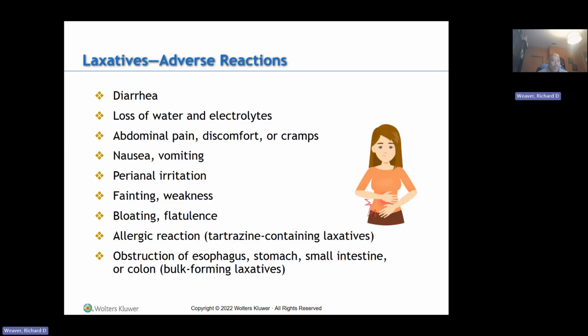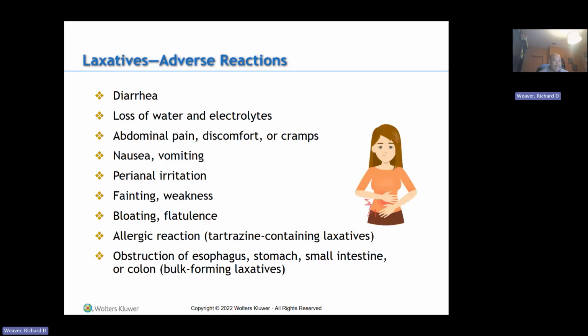All right. Where I talked about the obstruction that can occur with the esophagus, the stomach, small intestine, and the colon, it occurs with the bulk forming laxatives. When these are not given with adequate fluid intake, then it can cause these obstructions.